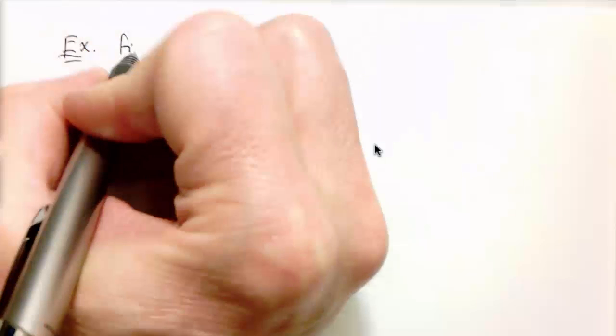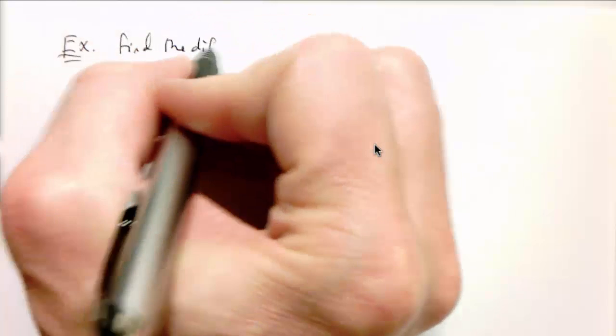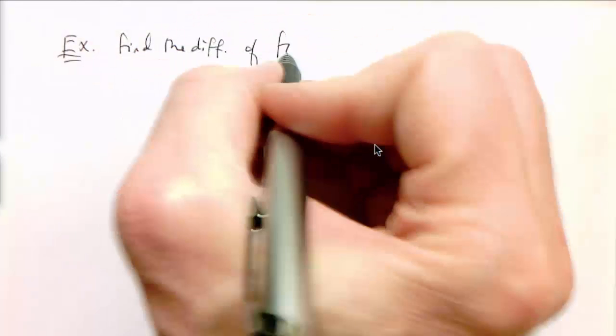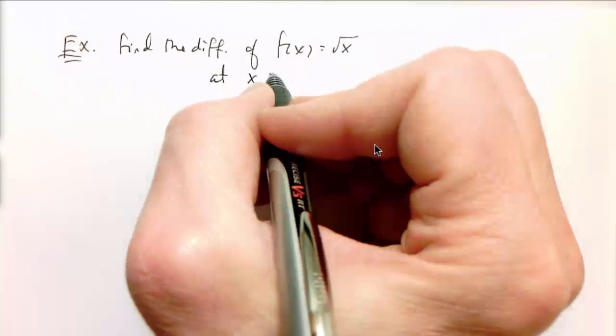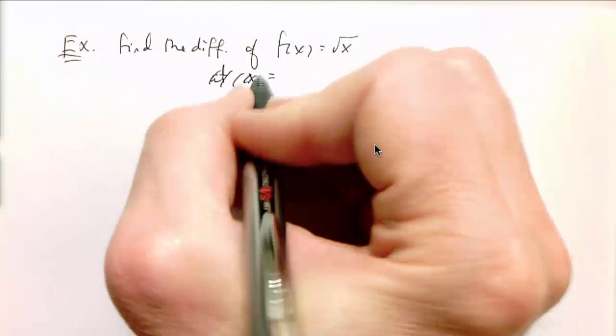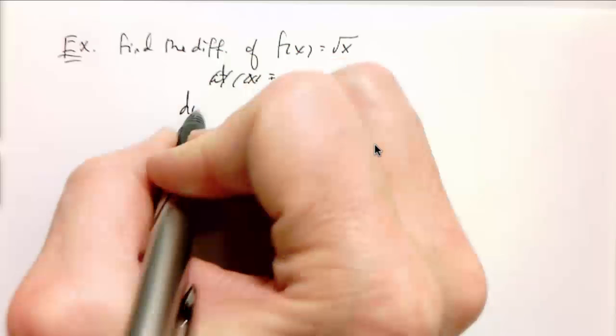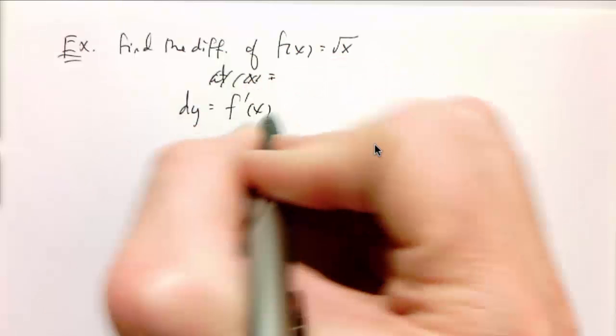So let's say find the differential of f of x equals the square root of x. Not at x equals anywhere, let's just find it. So dy is equal to f prime of x dx.